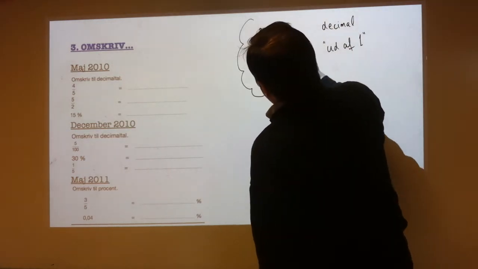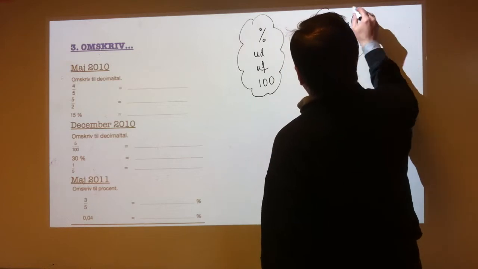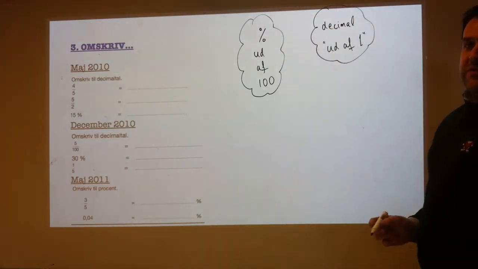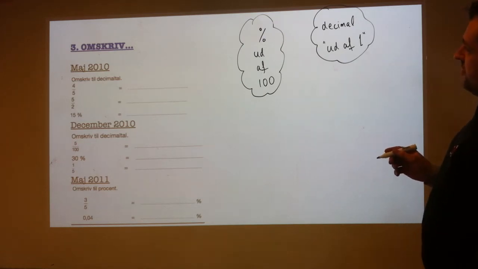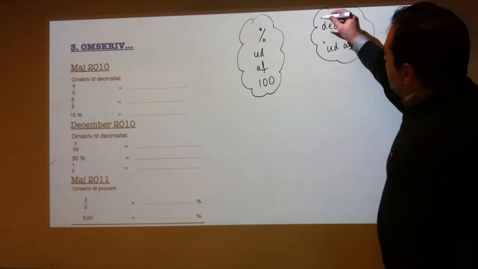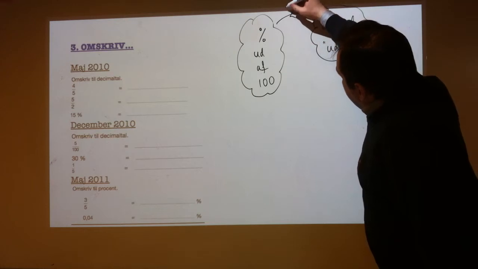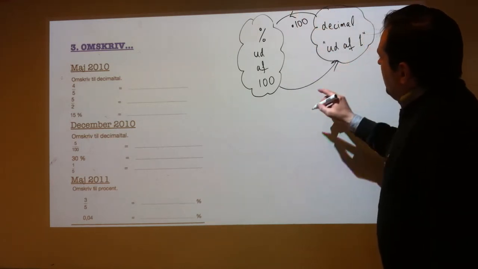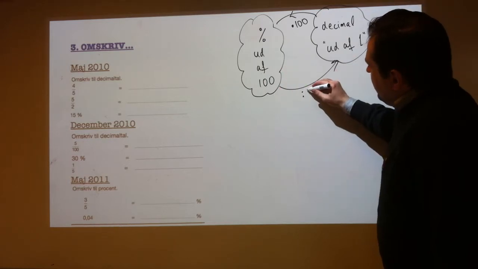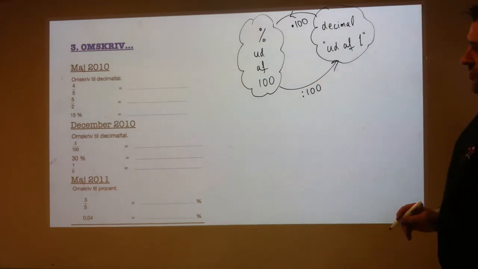So if you want to go from one to the other, it's just a simple question of multiplying or dividing by 100. If you want to go from a decimal to a percent, it's times 100. If you want to go from a percent to a decimal, it's divided by 100.